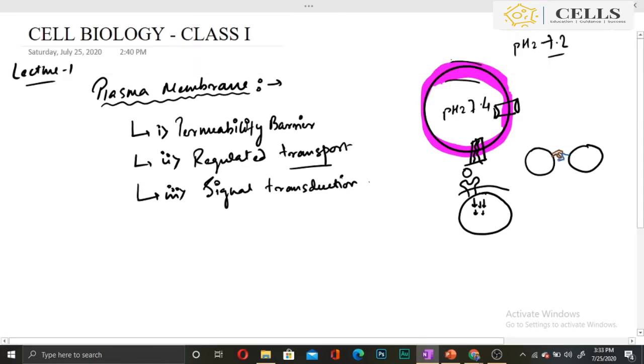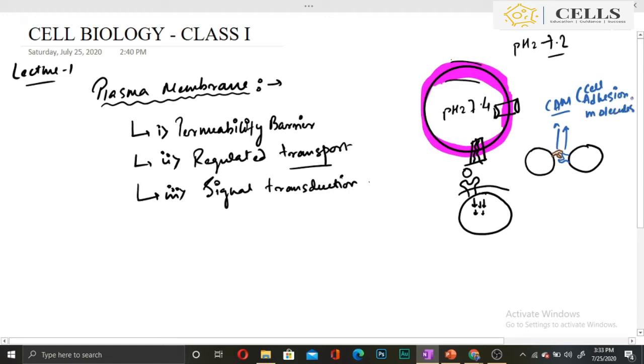They are linked with the plasma membrane, and these two cell adhesion molecules interact with each other. These are nothing but the CAMs, the cell adhesion molecules.